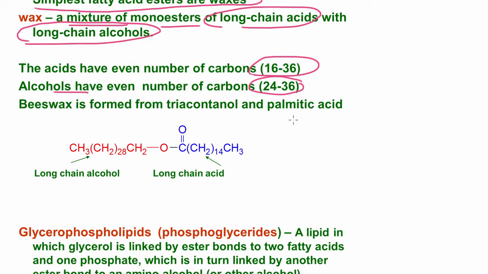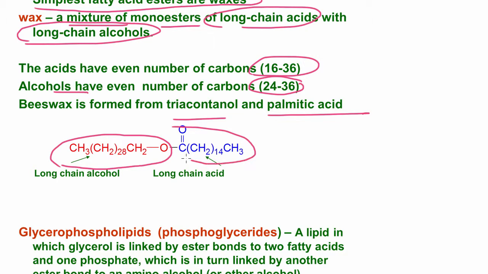Here we have the structure of beeswax, and this is formed from triacontanol and palmitic acid, so an alcohol and a fatty acid. So this is it here. This would be the long chain alcohol portion, and this would be the long chain acid.